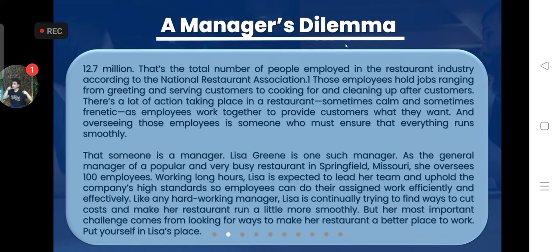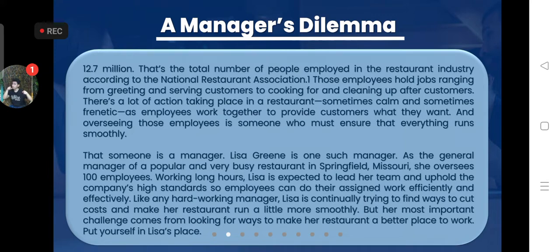And your work experiences, whether in a restaurant or in some other workplace, are likely to have been influenced by the skills and abilities of your manager. So Lisa is a good example of what today's successful managers are like and the skills they must have in dealing with the problems and challenges of managing in the 21st century.